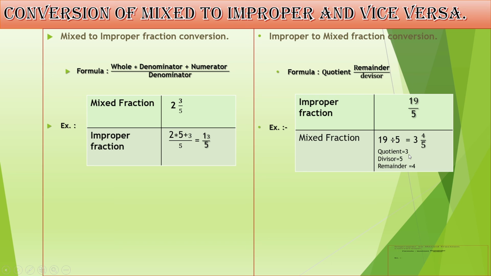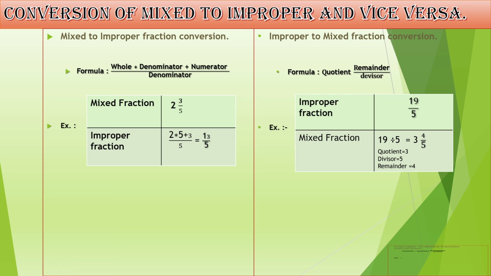So 3 will be our quotient. 5 will be our divisor. And 5 threes are 15, the whole is 19, so the remainder will be exactly 4. So this is our quotient, this is our divisor, and this is our remainder. Now if you put all of these values inside this formula, you will get 3 4 by 5. So this is how you can convert an improper fraction to a mixed fraction.